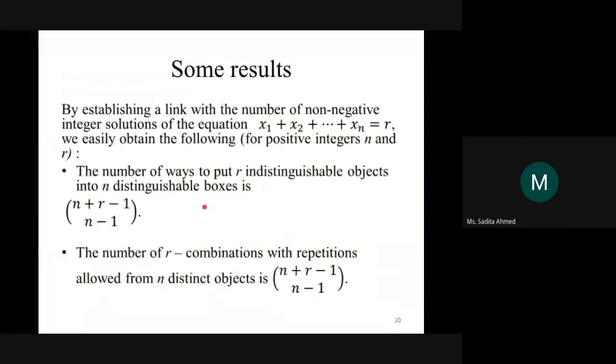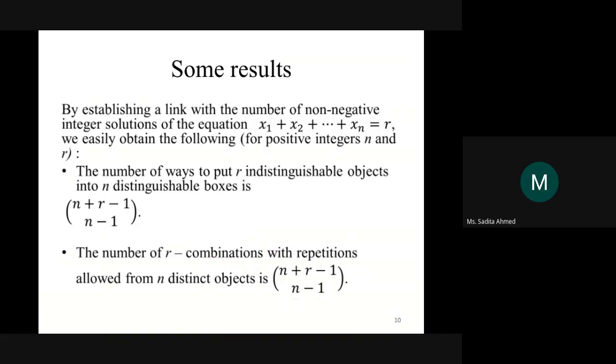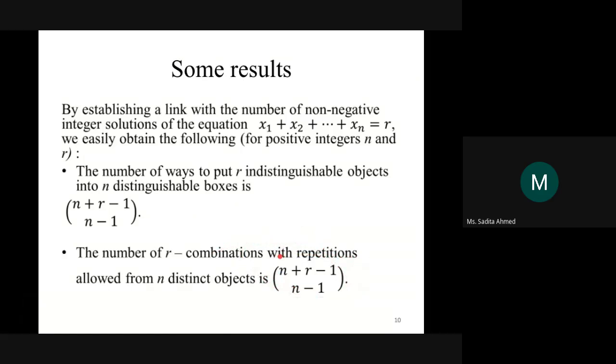However, if you have a scenario where you have to count the total number of r combinations from n distinct objects, and this time repetitions are allowed, you use this formula: n plus r minus 1 c n minus 1, or n plus r minus 1 c r.